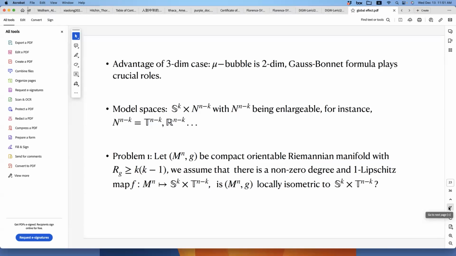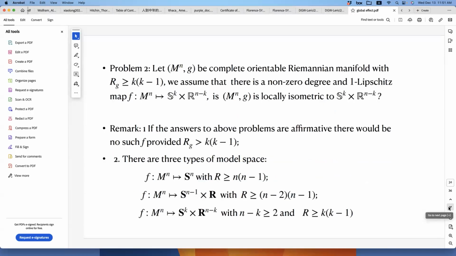Now this is the second problem. We have several problems. Let (M,g) be a complete non-compact Riemannian manifold with scalar curvature bigger than or equal to this constant, and we assume a non-zero degree 1-Lipschitz map from M to our model space.